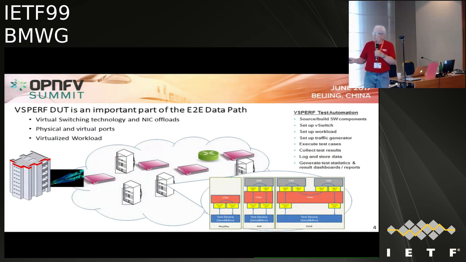PVP is physical to VM to physical, all the way up through a VM and back down through the vSwitch. And then we've got the PVVP through two VMs. And this is the bunny ears scenario. Yeah, I didn't name it, but I love the name.